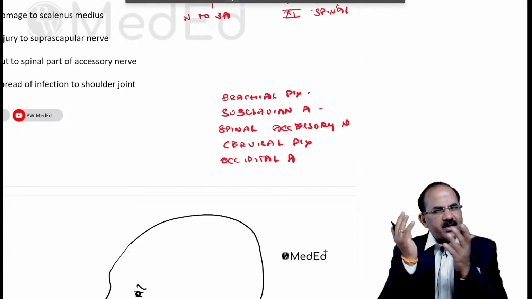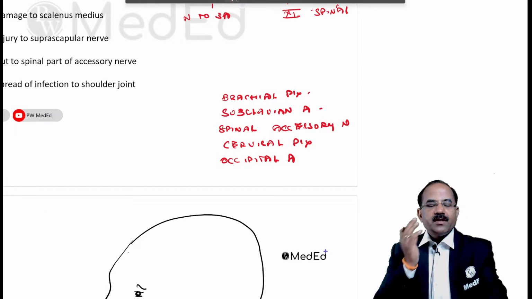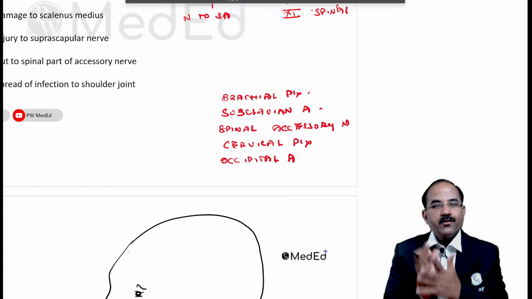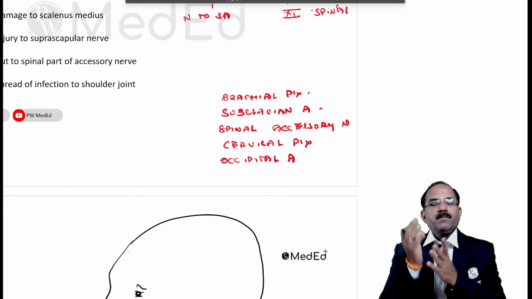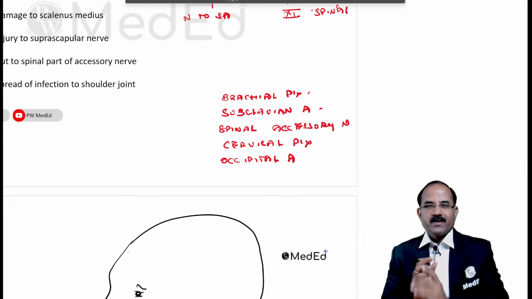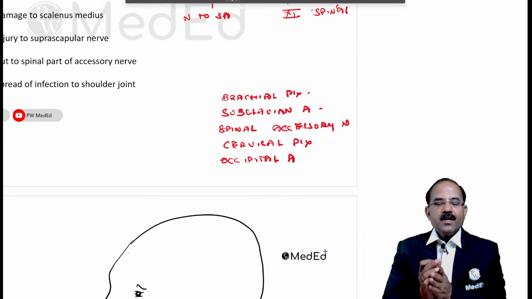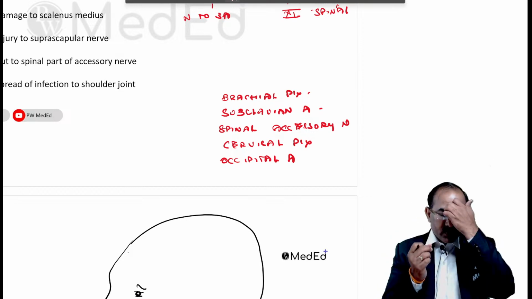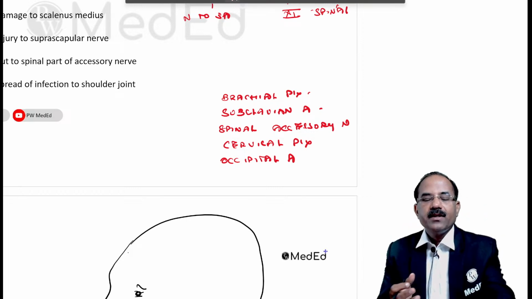And why is this posterior triangle so important? Because in this posterior triangle you get plenty of lymph nodes, and these lymph nodes become matted in tuberculosis. So when we are removing these lymph nodes, accidentally the accessory nerve gets damaged.